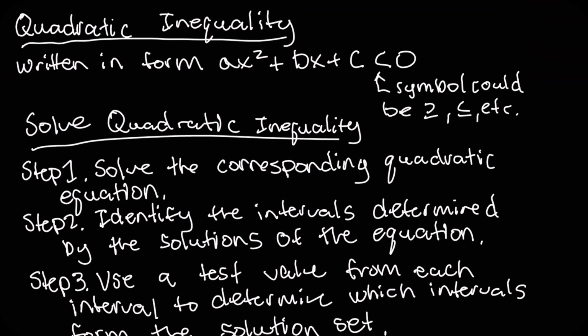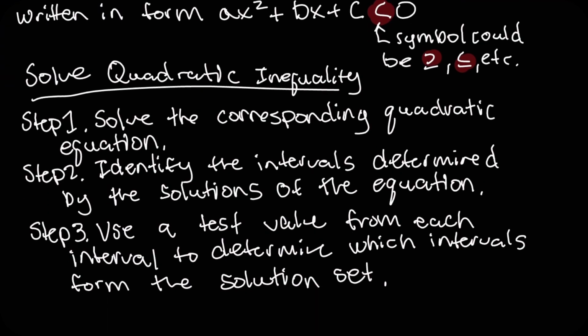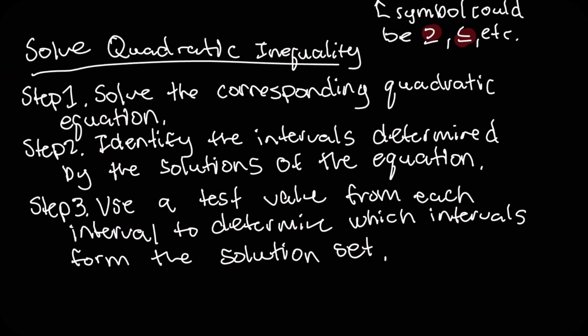Now, let's look at some quadratic inequalities. These are going to be written in the form of ax² + bx + c, with a less than symbol here, but you could also have a greater than, a less than or equal to, or a greater than or equal to. So some steps to solving our quadratic inequalities.